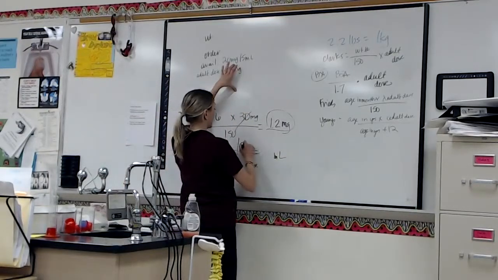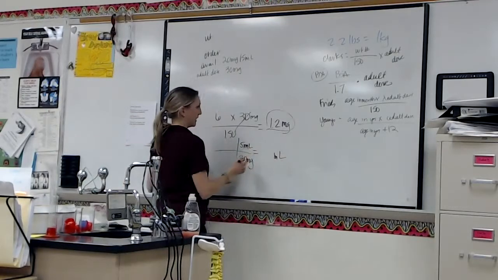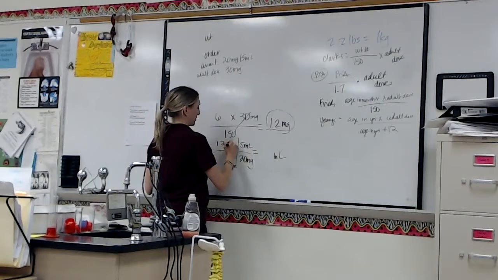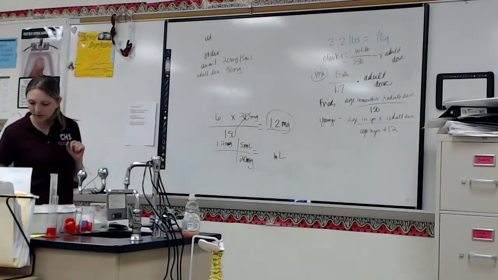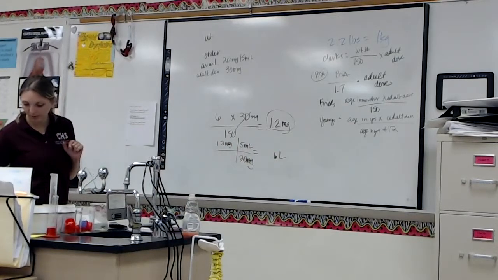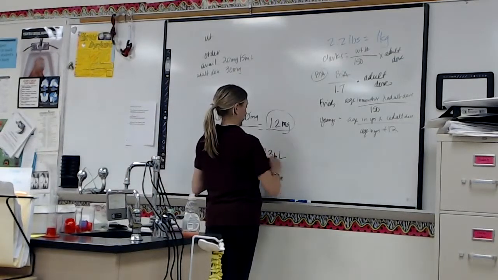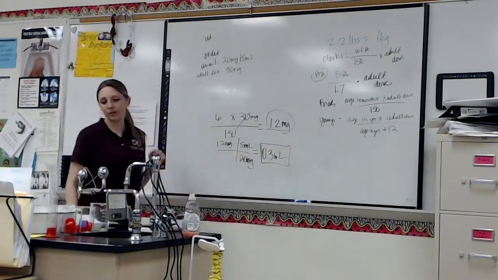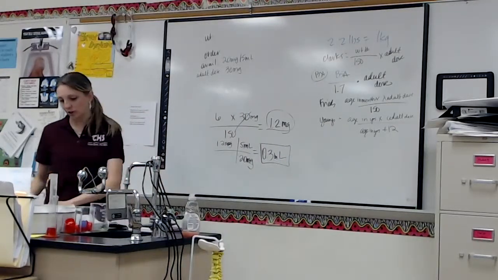So we've got 5 milliliters to 20 milligrams, and they need 1.2 milligrams. You just use your dimensional analysis: 1.2 times 5 divided by 20 is 0.3 milliliters. Okay, 0.3 milliliters.